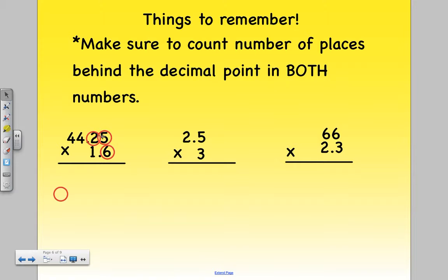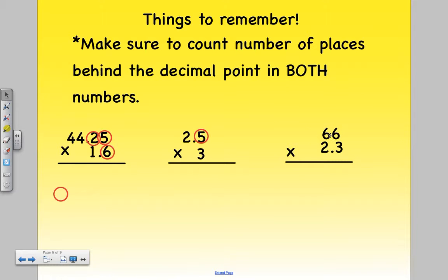Remember, I counted the numbers behind the decimal here and the number behind the decimal here. So in my answer, I would move my decimal point 1, 2, 3 times. Let's take a look at our next one. I have 2.5. That's one place behind the decimal. Then I just have regular 3. So I don't have any numbers behind my decimal point. So I'm only going to circle the 5. And I would only have to move my decimal 1 time.